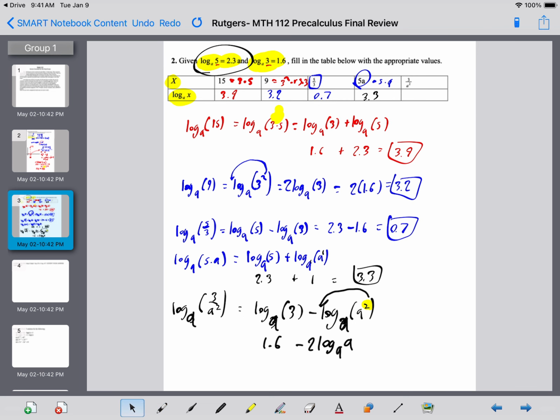I just realized we probably could have just evaluated it here. Exponent of 2, exponent of 1, it's 2 over 1. So then that's just 2. So then 1.6 minus 2. Or if you did want to use the power law, it would be negative 2 times 1, which is just negative 2. You get the same answer. So 1.6 minus 2 is negative 0.4. Okay. So that's question 2.